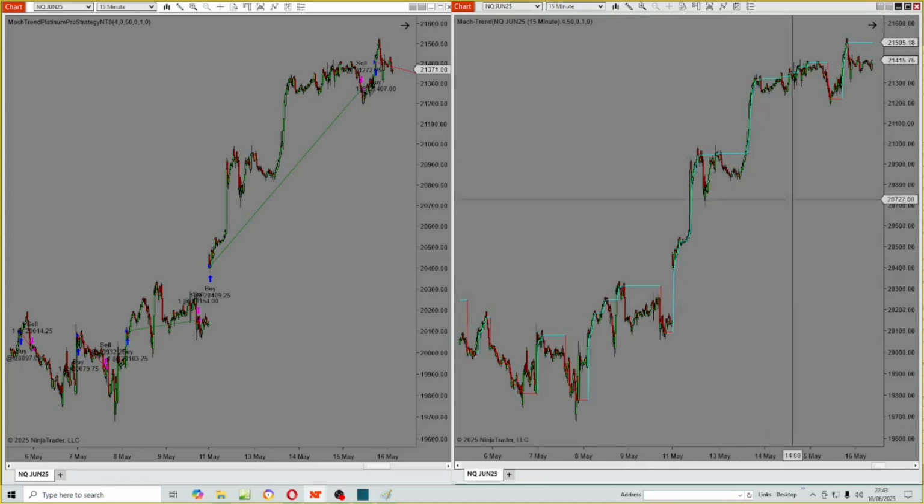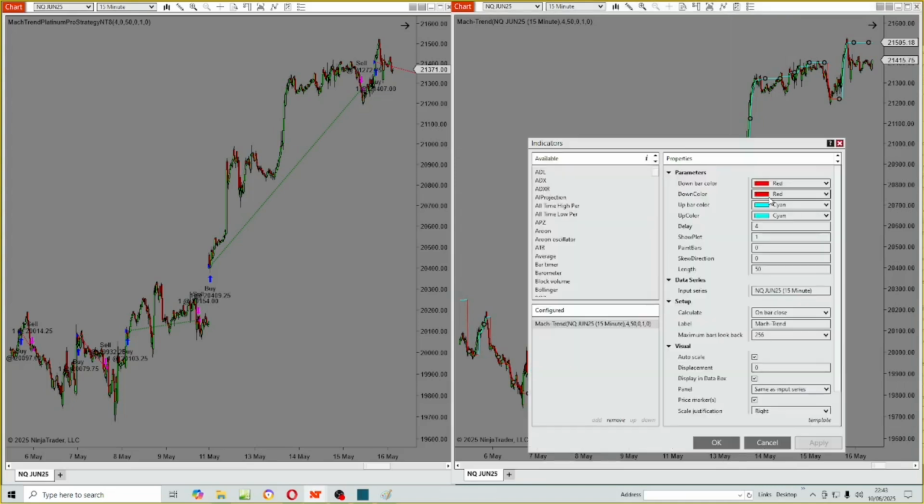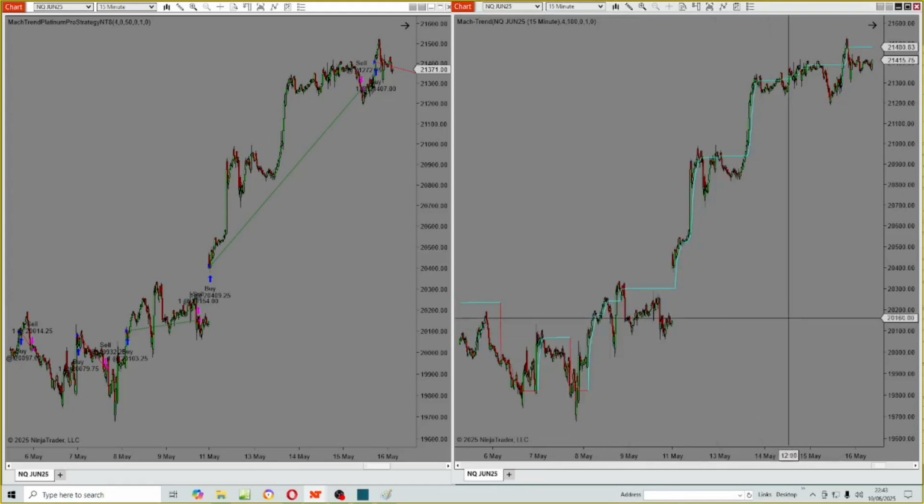So if you want to make this work slower, obviously the length is the first thing to look at. So we go for length 100 and then apply.